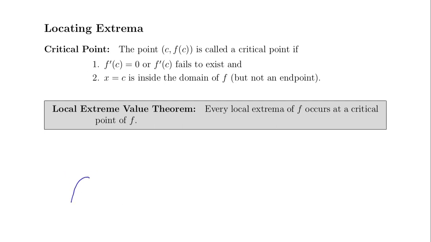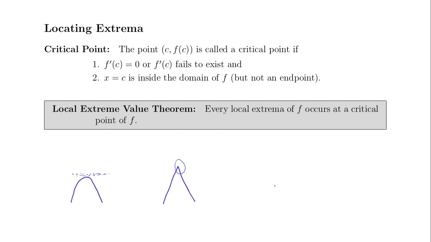So if you just drew a local maximum like that, notice, hey, look, you've got that horizontal tangent line. Or maybe you had a sharp corner that looked like this. And if you flip both of these upside down, it doesn't really change anything other than the fact that we've got local minimums now, but we still have that horizontal tangent line or sharp corner where the derivative doesn't exist.